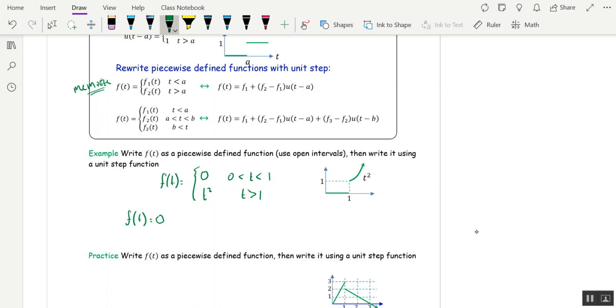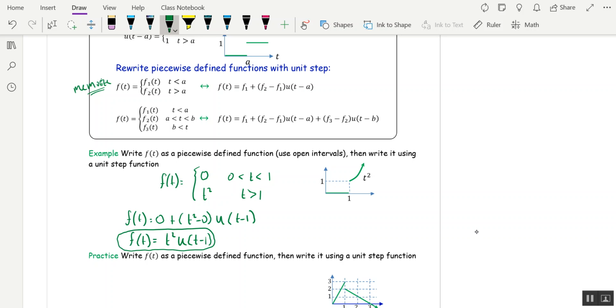f1 is 0 plus (f2 minus f1), t squared minus 0, times u of t minus a, but a is 1. So that's it. So f of t is t squared times u of t minus 1.